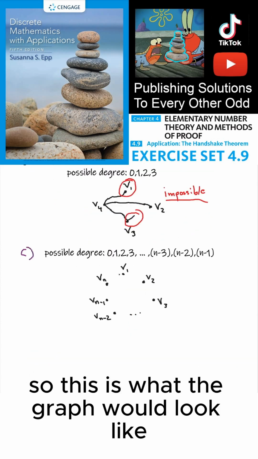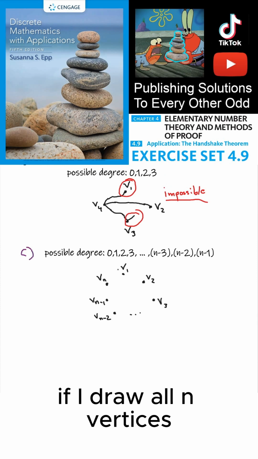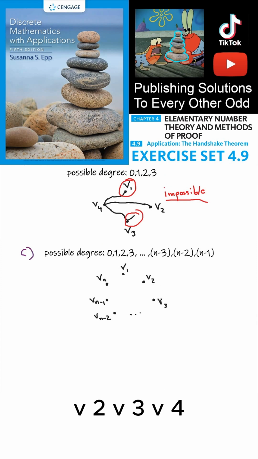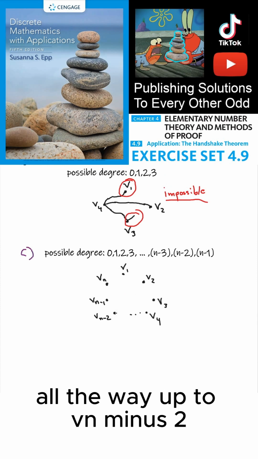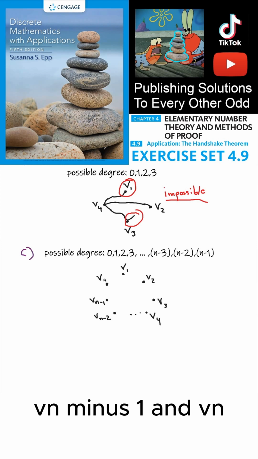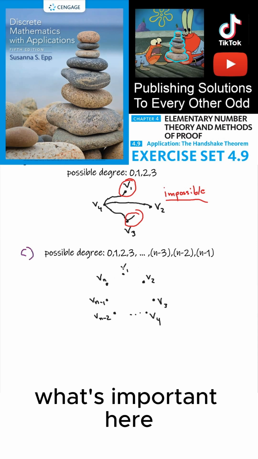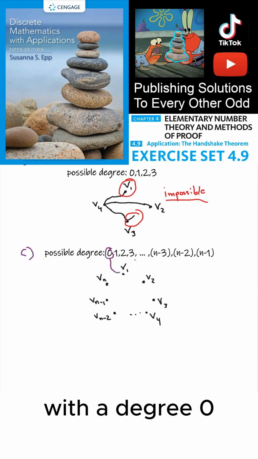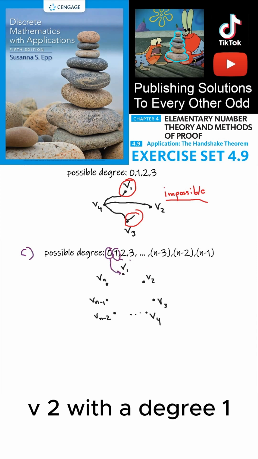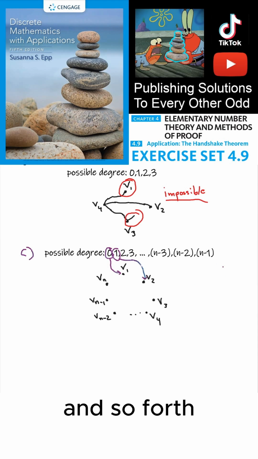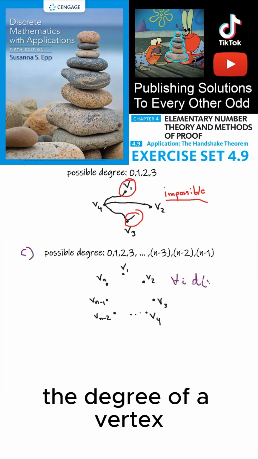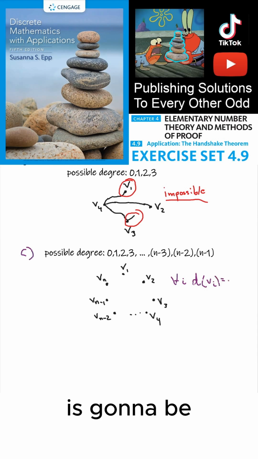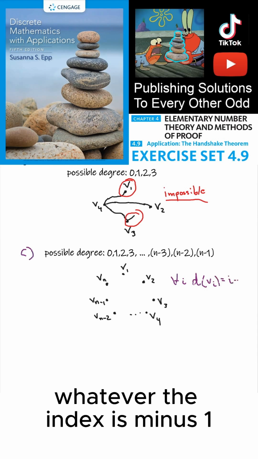So this is what the graph would look like if I draw all n vertices starting from v1, v2, v3, v4, all the way up to vn minus 2, vn minus 1, and vn. And specifically what's important here is that we're going to assign v1 with a degree 0, v2 with a degree 1, and so forth. So in general, the degree of a vertex is going to be whatever the index is minus 1.